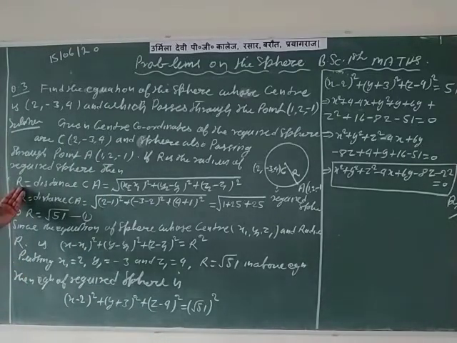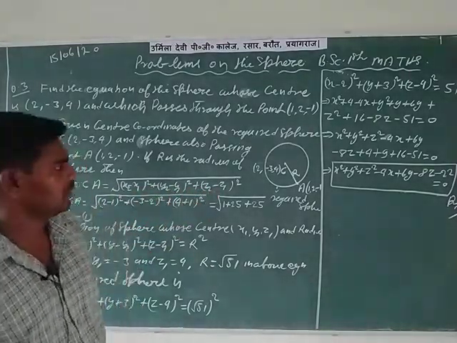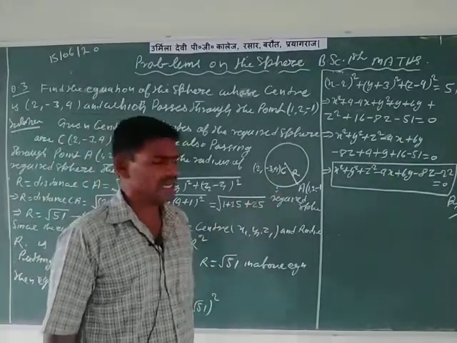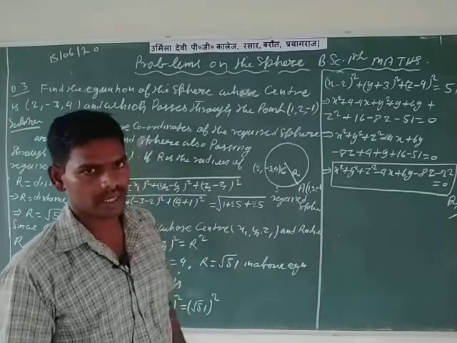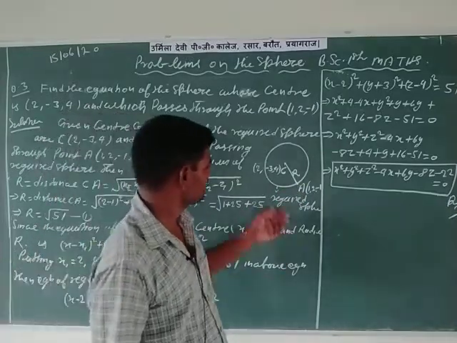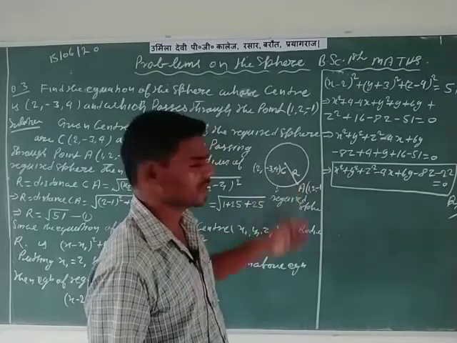Here the radius of the sphere, suppose capital R, is equal to distance CA from the figure, and here we write the distance formula between 2 points. First point taken as capital C and second point as capital A. You can also take capital A as first point and capital C as second point.